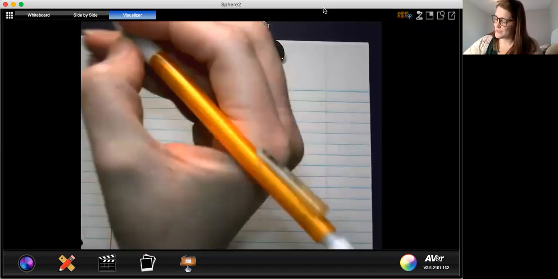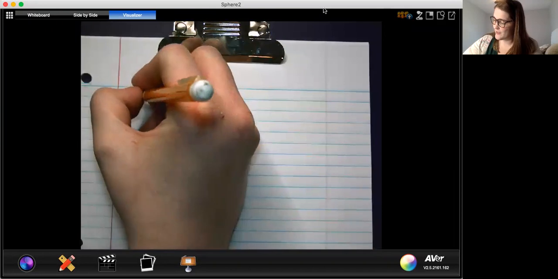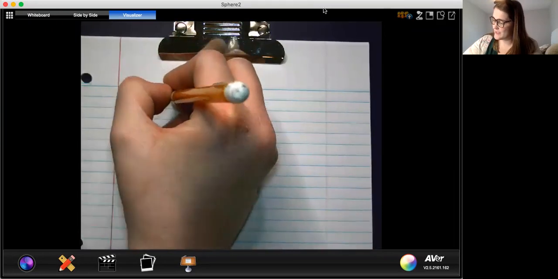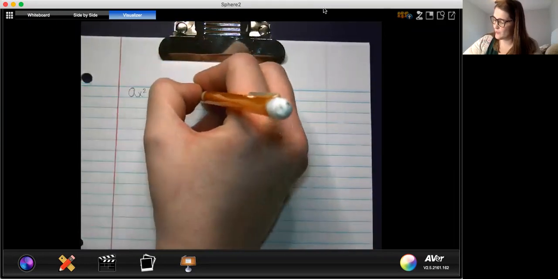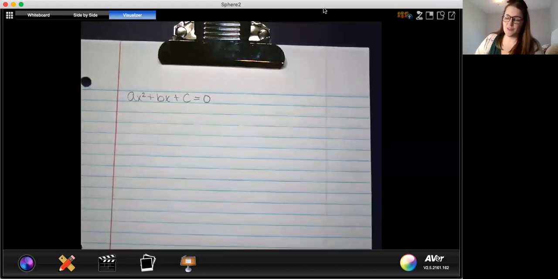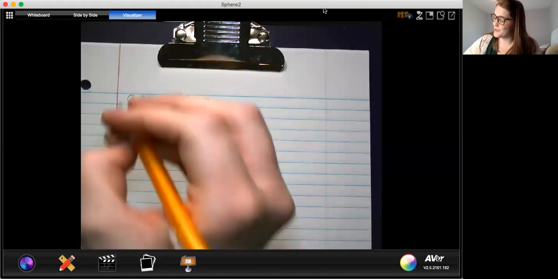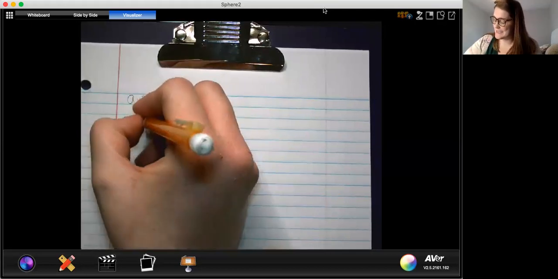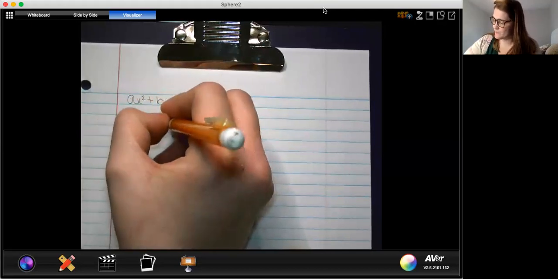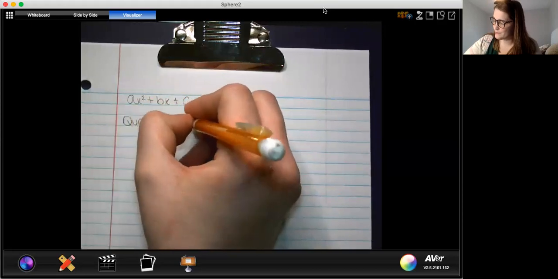So let's remind ourselves of the standard form of a quadratic equation, not formula, quadratic equation. So therefore the quadratic formula is as follows.